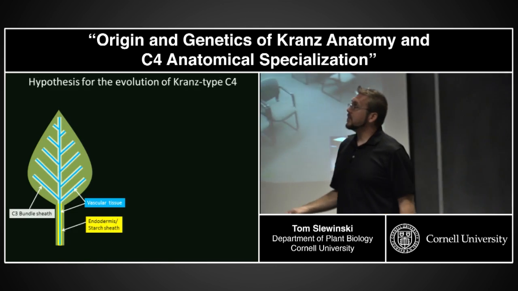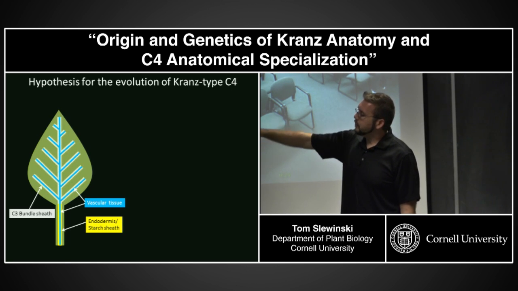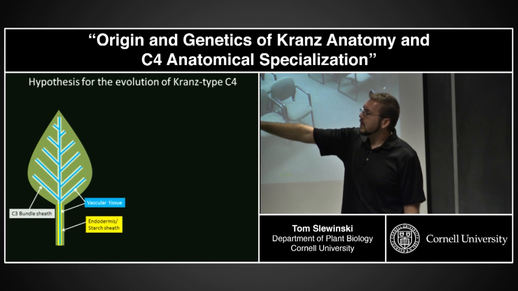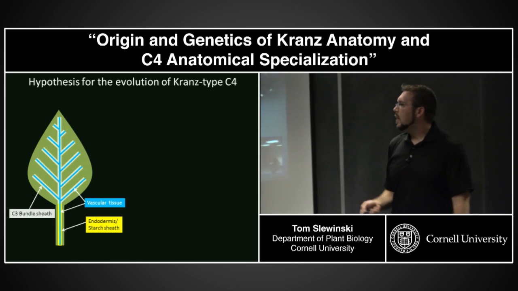So the general hypothesis, and I'm using a dicot model here, is that the endodermis stops right in the petiole before it hits the leaf blade in a C3 plant. And in C3, you have the vascular core extend from the petiole all the way out into the leaf, and it's coated with the C3 bundle sheath, which is just the same as the C3 mesophyll cell.